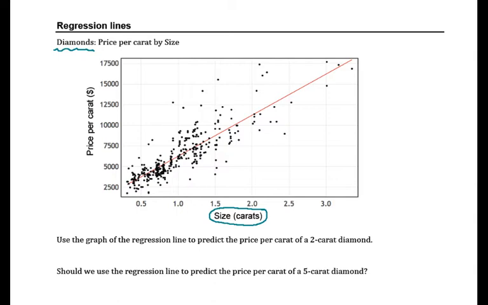So looking at this, if we wanted to predict the price per carat of a 2-carat diamond, I would start by identifying 2 carats down here on the explanatory axis and trace up to the graph, and from there trace horizontally over to the response axis and try and estimate this value.